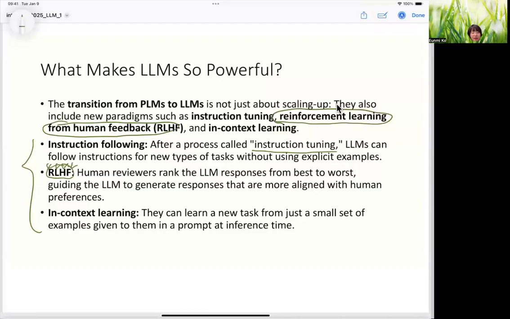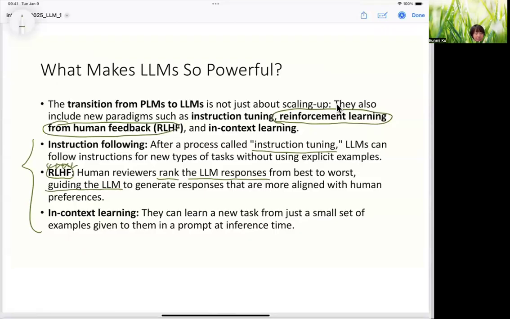That is reinforcement learning from human feedback. Human reviewers like yourself or users rank the large language model's responses from best to worst. If you have two options, you choose the one that is the best, the rest is the worst. And by doing so, you guide the large language model to generate responses that are more aligned with your preferences. So that's reinforcement learning from your own feedback.